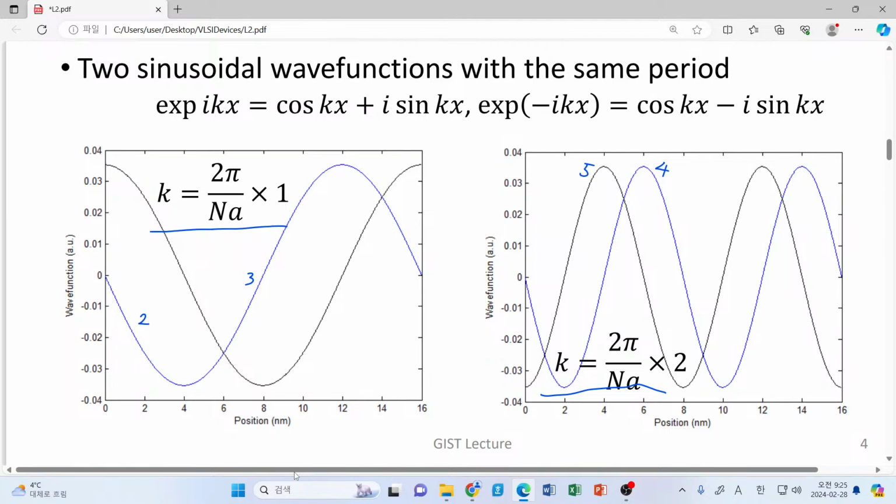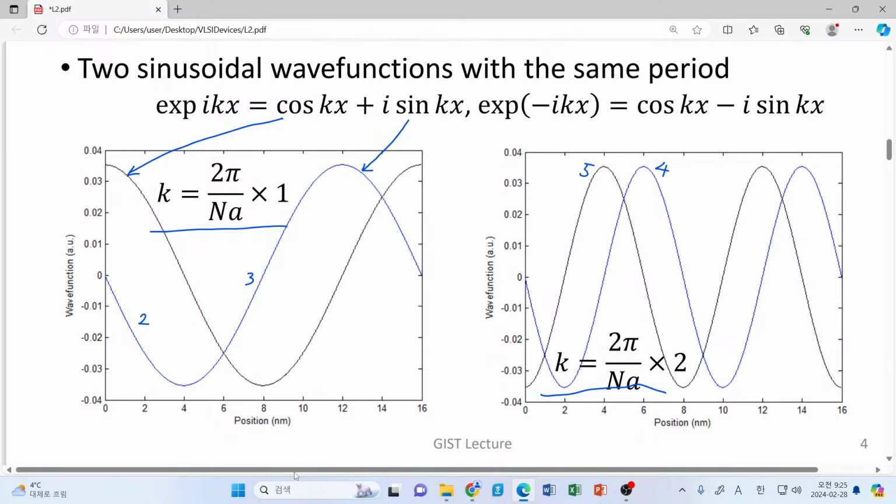So why do we have this kind of thing? Actually, one of them corresponds to, for example, cosine. In this example, the black one corresponds to the cosine, and the blue one corresponds to the sine.